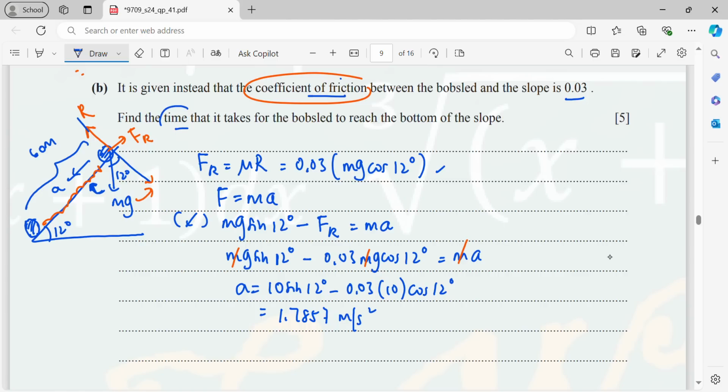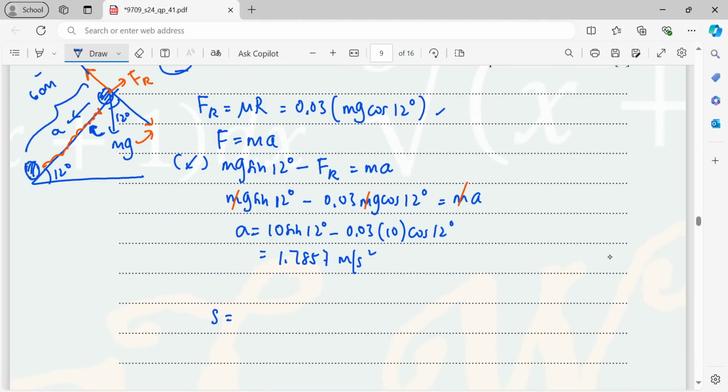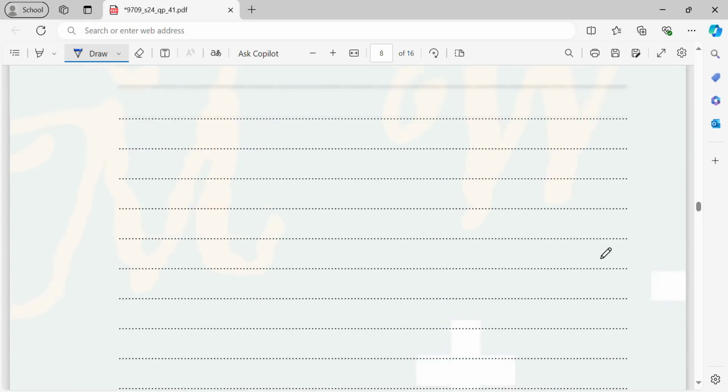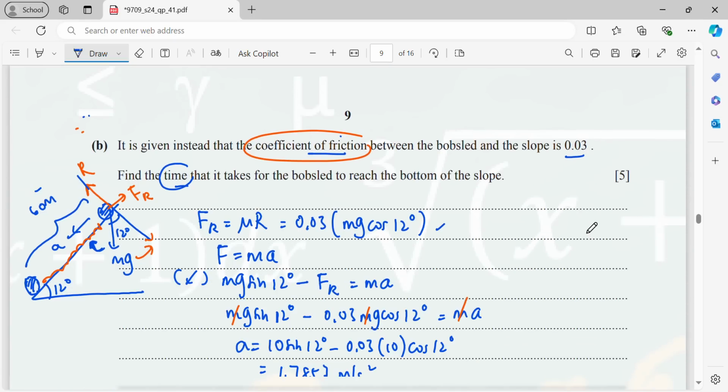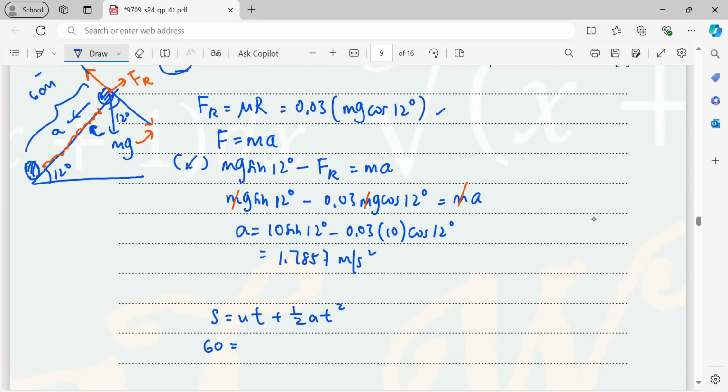Now I need to find the time, given the s. So use the formula s equals ut plus half at squared. Again, s is 60. Initially u was 5, from the question, so u equals 5. So 60 equals 5t plus half times 1.7857 t squared.